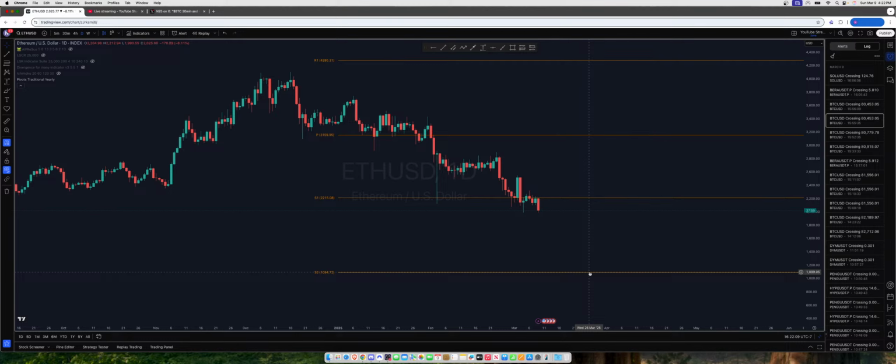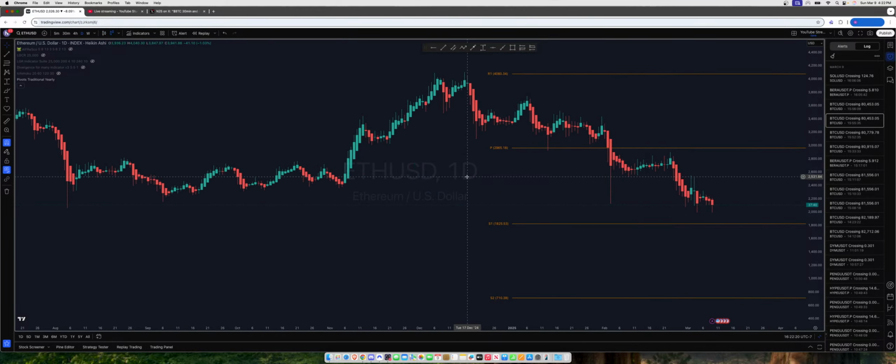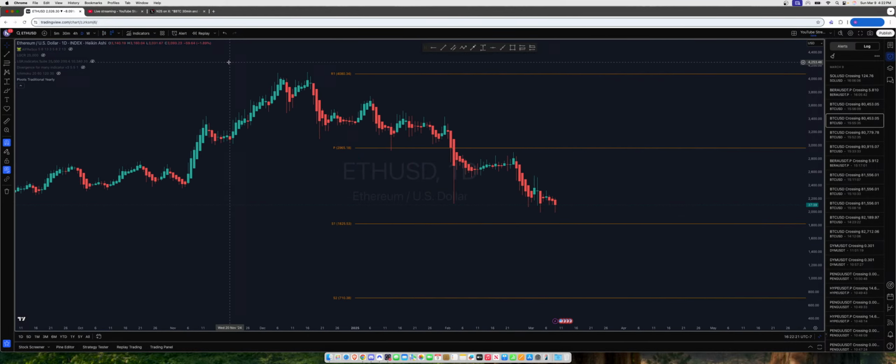We're selling off. This is basically saying anything under 2.2K, you're looking at 1.1K on Ethereum next. Ethereum definitely looks bad, in my opinion. So, I don't know. I really don't like Ethereum. It looks really, really ugly. That's basically the level for Ethereum.